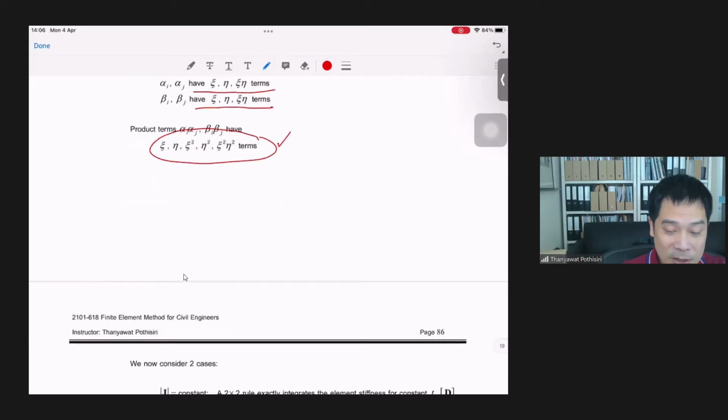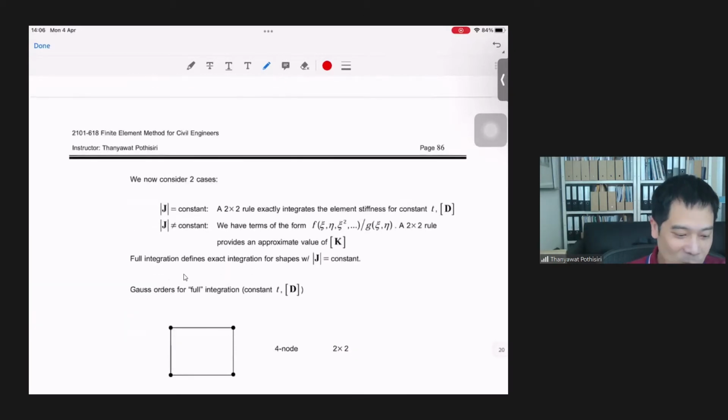So you have two separate cases, one in which J is constant. Okay, so if J is constant, you have a second order polynomial, so you should be able to use a 2x2 rule to exactly integrate your element stiffness matrix, right?